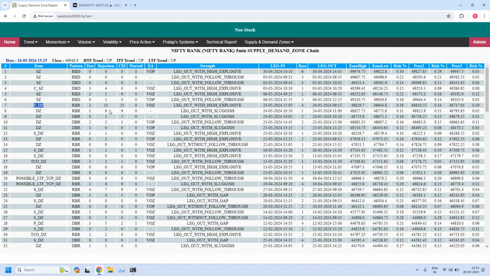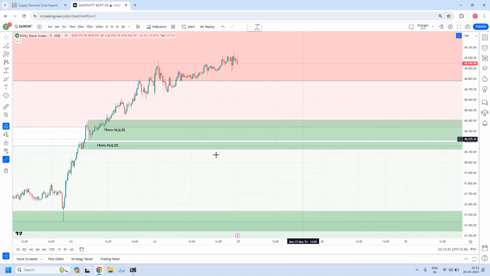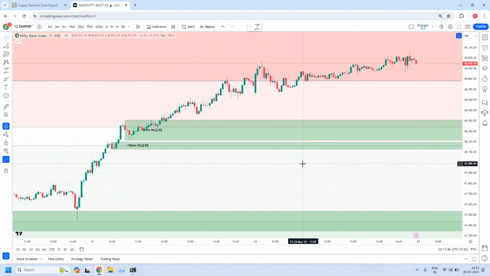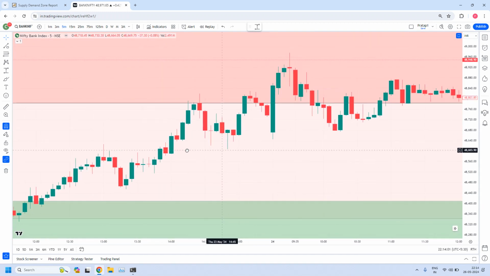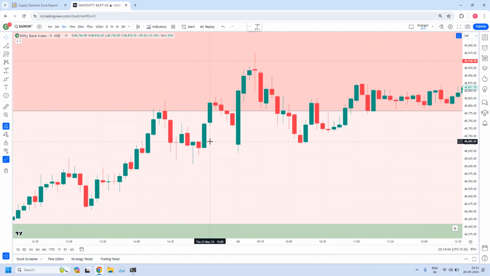The 7th one, 23rd May at 15:05. After that, 4 base candles. So this is the rally: 1, 2, 3, 4 base candles and a leg out.